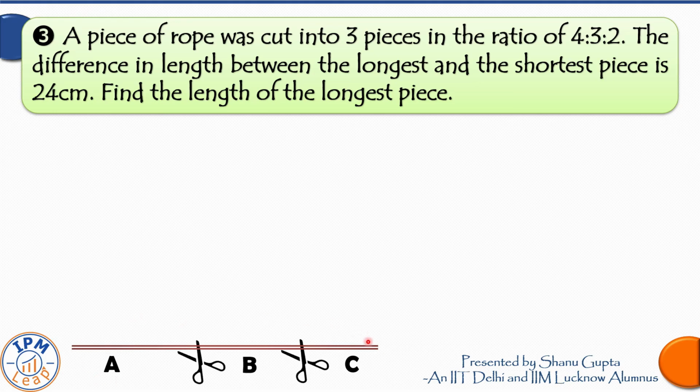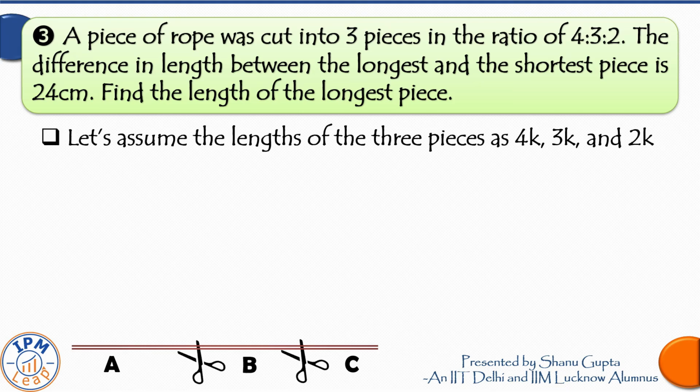However, the ratio basics remain the same. This single ratio gives us a comparison of all 3 pieces in one go. Basis this ratio, we can infer that if the length of the first piece is 4 units, then the length of the second piece will be 3 units and the length of the third piece will be 2 units.